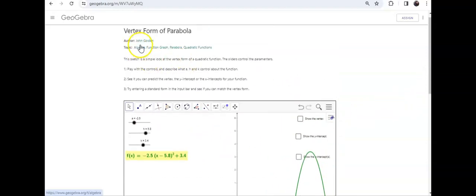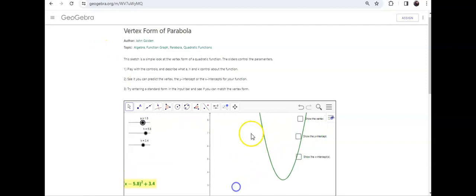The author of this applet is John Golden. Let's start with the significance and value of a. This is the slider of a. If a is positive, meaning a is greater than 0, the parabola opens upward.